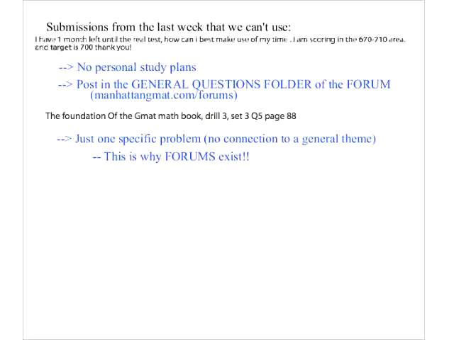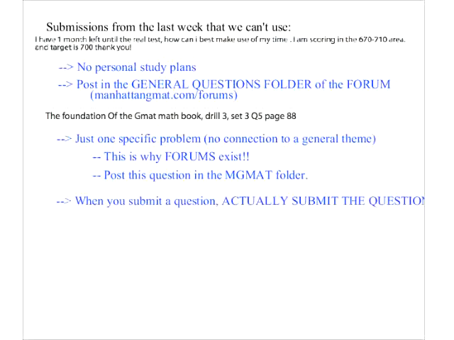This is an MGMAT book, so you would post this in the MGMAT folder. The other thing is you can't just give us a problem number like this, because we don't have all these books just lying around everywhere. When you submit a question, you actually have to give us the question you're submitting.